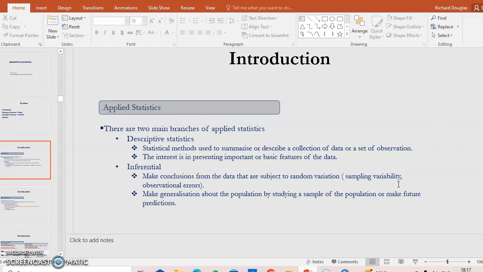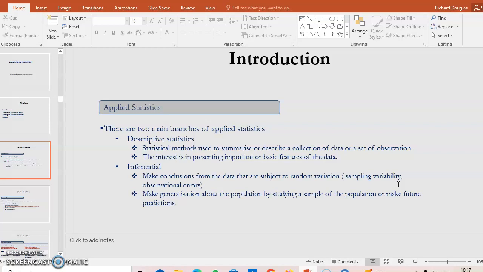Then, based on inferential statistics, one can be able to make a generalization about the population by studying a sample of the population or make future prediction.